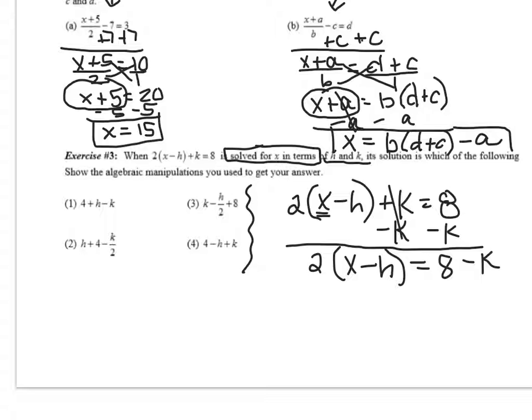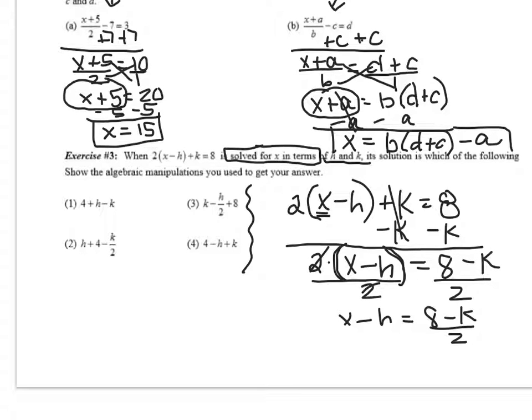Well, the next thing we need to do is try and get at least this parentheses containing the x by itself. And it's multiplied by 2. So the opposite of multiplying by 2 is dividing by 2. You end up with just, since these 2's cancel, x minus h equals 8 minus k over 2.